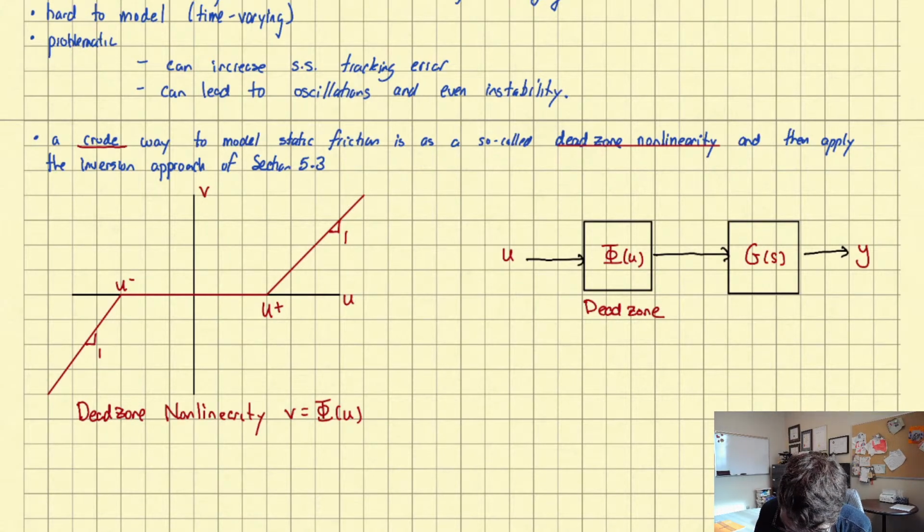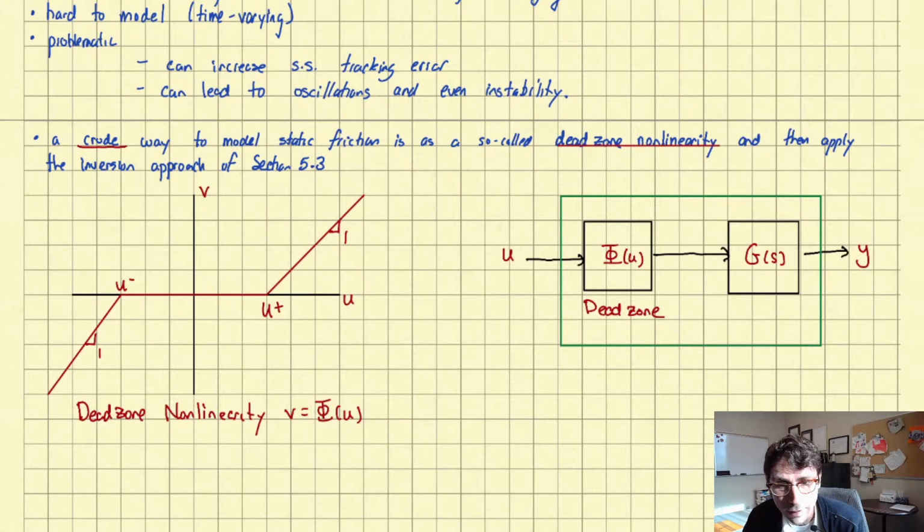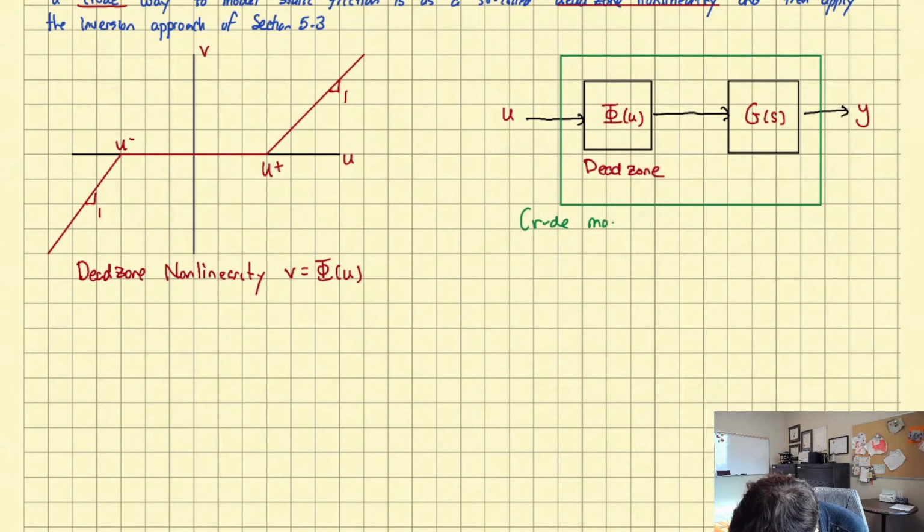This block here becomes our plant model. Again, this is a crude model of static friction at the input of an LTI system.